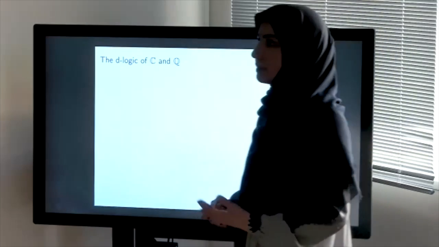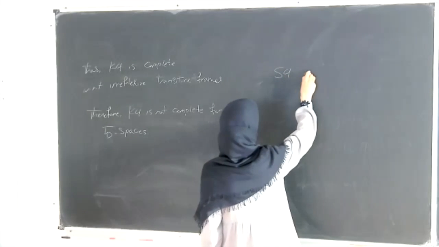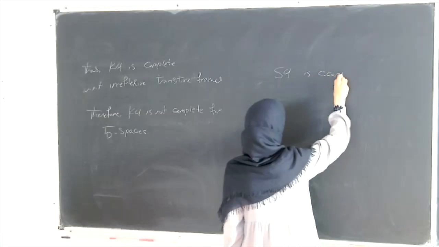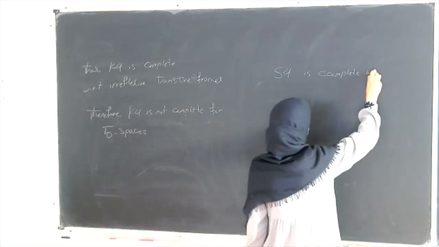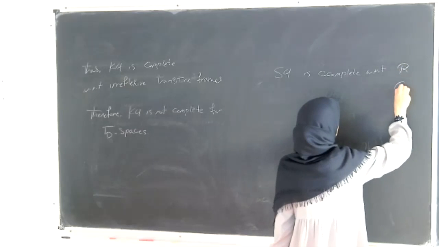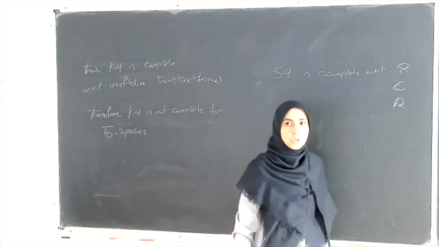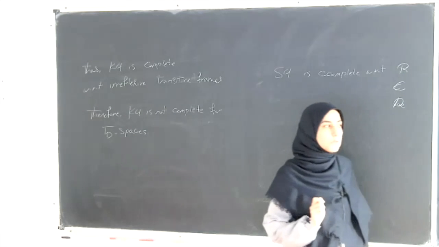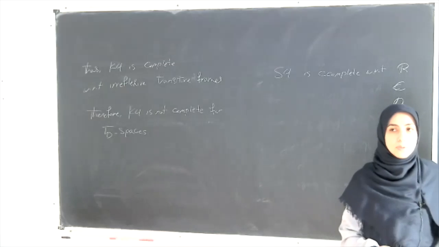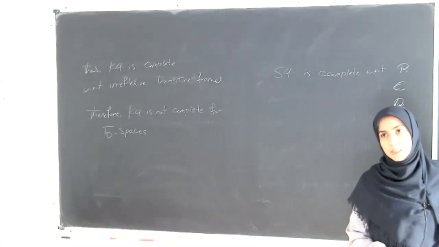As we said, by the McKinsey and Tarski theorem, we know that S4 is complete with respect to the real line, with respect to the Cantor set, or with respect to the rational line Q. Here, for d-semantics, as I said, since we have more expressive power than c-semantics, we can have different logics for these spaces.